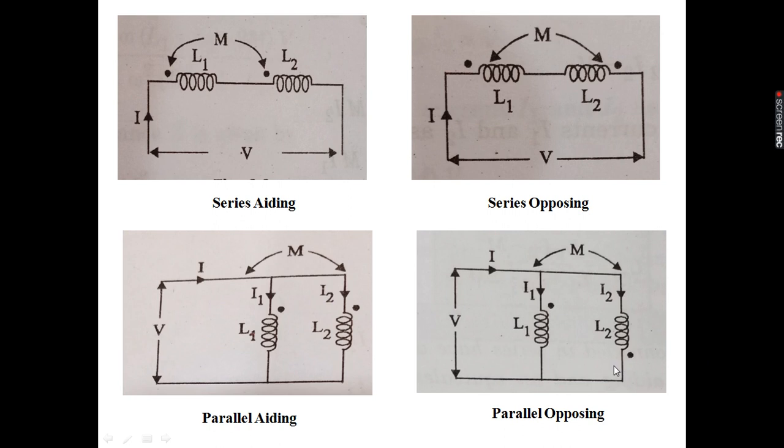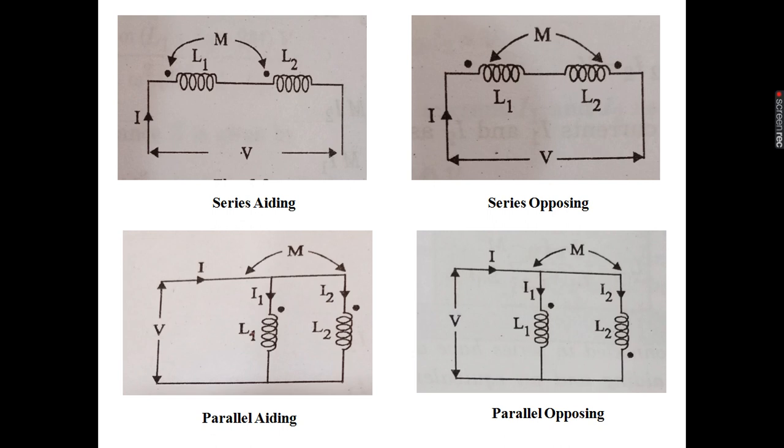The main aim of this topic is to find the effective inductance of each configuration. For series aiding, with two coils, what will be the effective inductance of this arrangement? Our aim is to derive the effective inductance in each case.